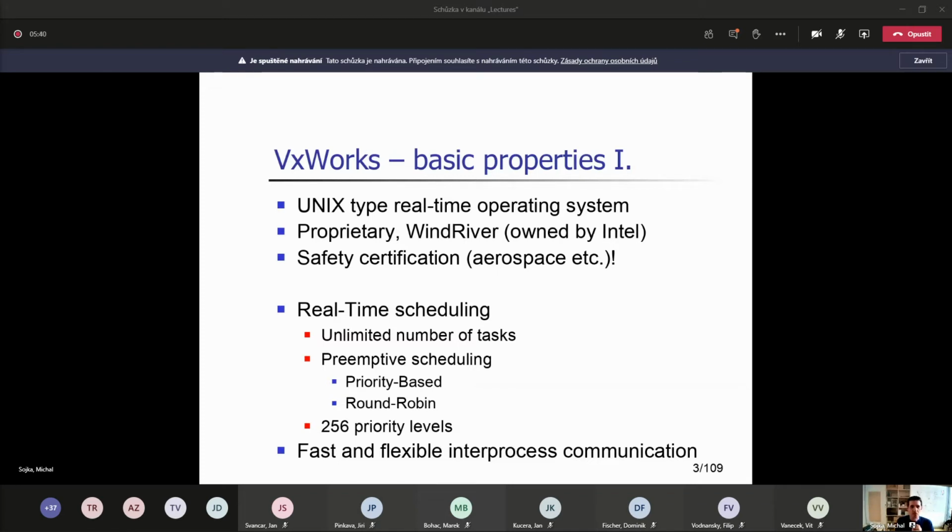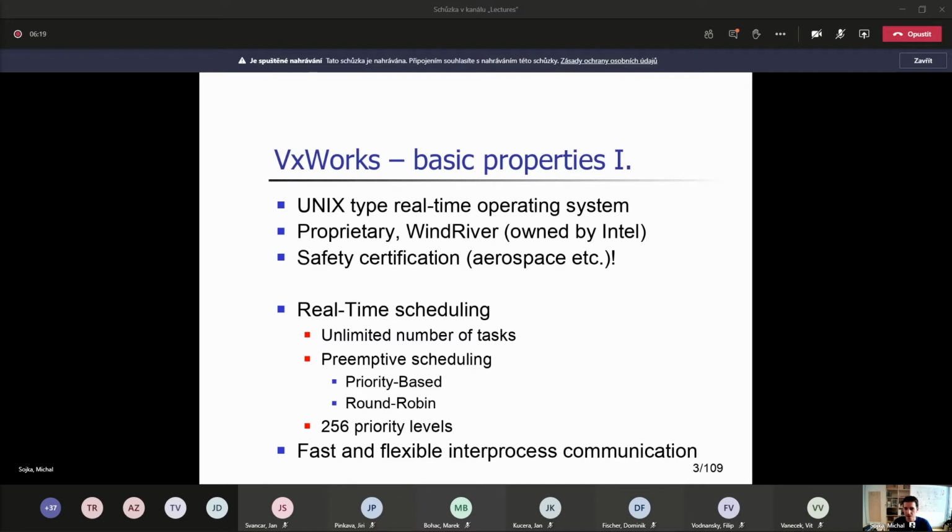So this week we are going to continue, and we will talk more details, and we will also start talking about practical stuff, how to do this and that in VxWorks, because this is what you will need in labs this week. So VxWorks is a real-time operating system.